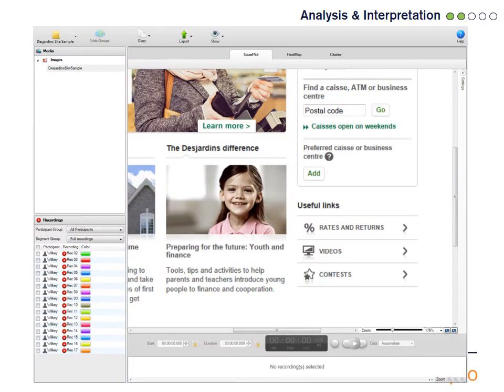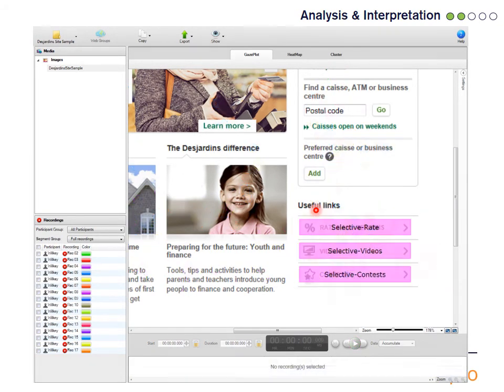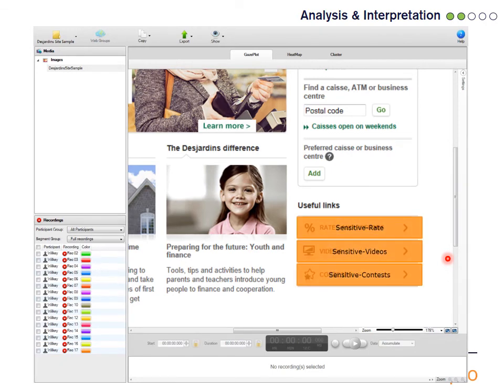Okay, so let's blow this up a little bit. Again, we're interested in the useful links. And how would we set up the AOIs for our analysis, given the data that we've captured in our pilot study? Well, we could set up selective AOIs. So you see here, selective: rate, videos and contests. And let's go ahead and set up another set of sensitive AOIs.